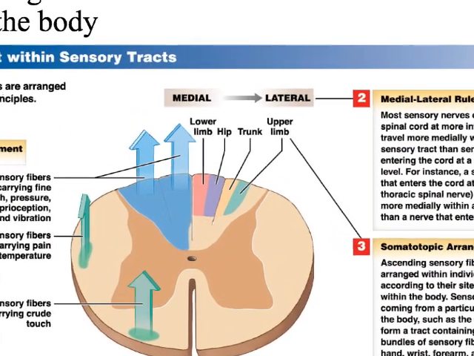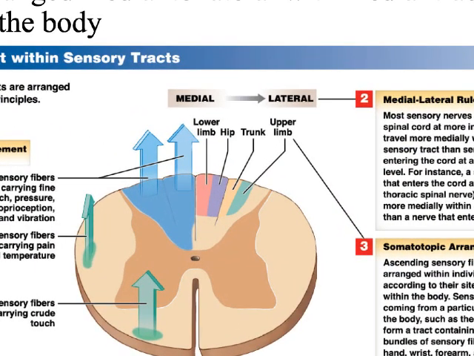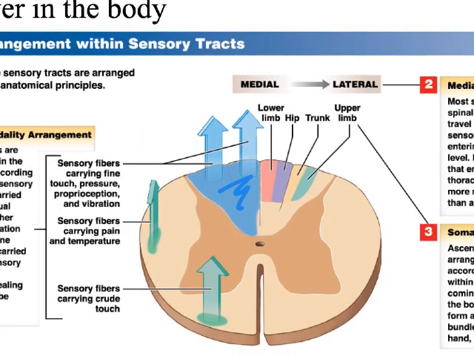So you can see here in this picture, if we're looking at the posterior columns, which are here on both sides, if we could look in more detail, we would see that it's not only carrying fine touch, pressure, proprioception, and vibration, but it's also carrying it in a very organized fashion.